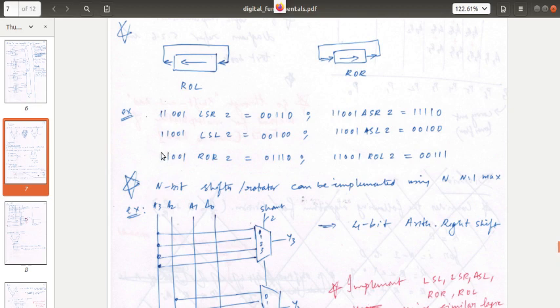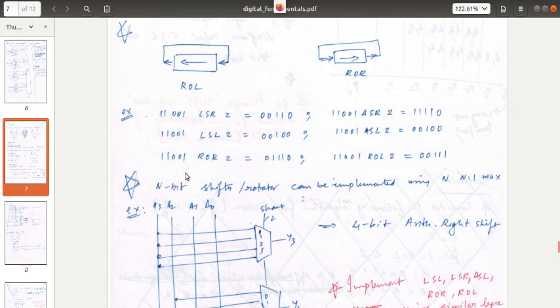But if you consider a rotate, this is 1101 rotate right by 2, means this whole thing is rotated. Here the last 2 bits are lost, but here it is not like that. By one rotate, this 1 will come here. For the next rotate, the 0 will come here.